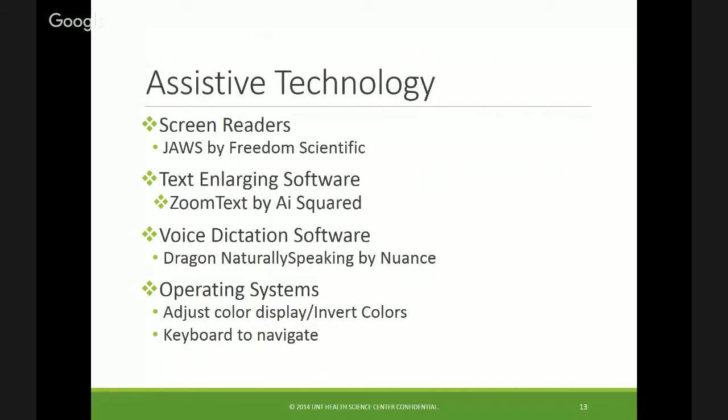So there are some assistive technologies that learners with disabilities use. They range from screen readers, text enlargement software, voice dictation, and your operating systems actually have some accessibility assistive technology features built in. The most common screen reader is JAWS by Freedom Scientific.